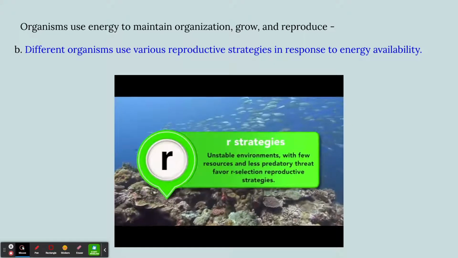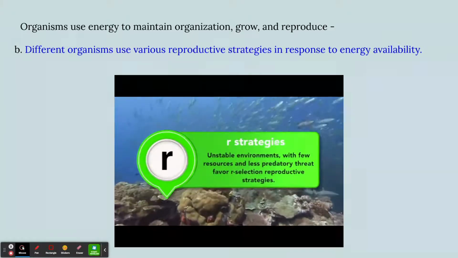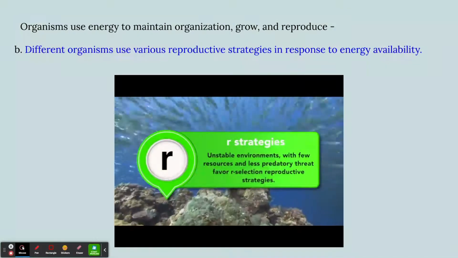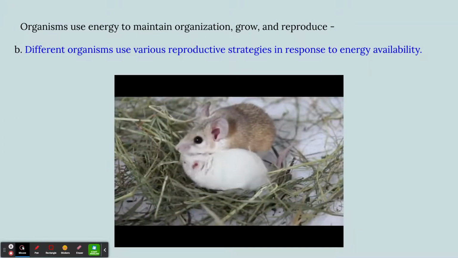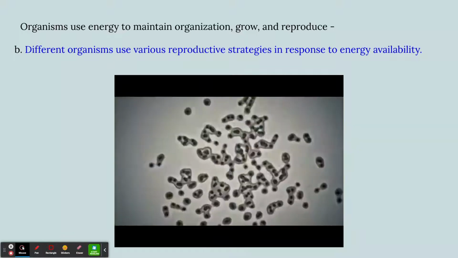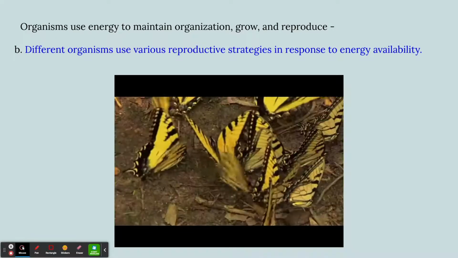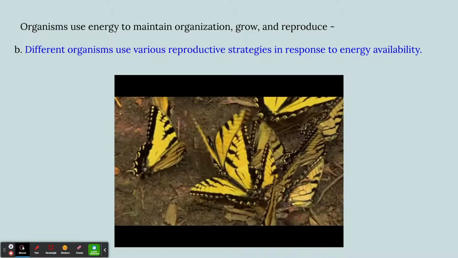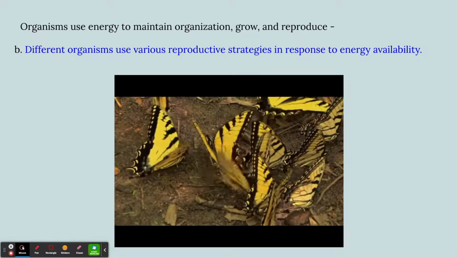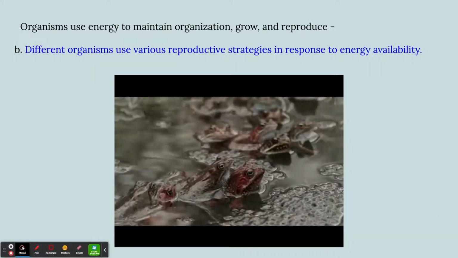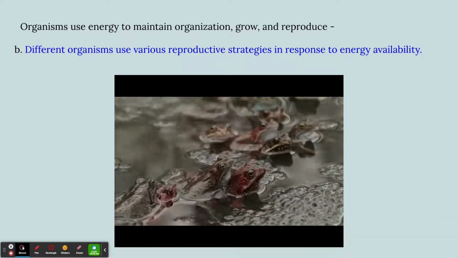On the other end of the continuum, unstable environments with few resources and less predatory threat favor r selection reproductive strategies. Small rodents, most insects, bacteria, and weeds are examples of r species. Species within these groups have a lot of offspring and reach maturity quickly, often living short lives. Few r-selected species engage in any sort of mate competition or mating rituals.